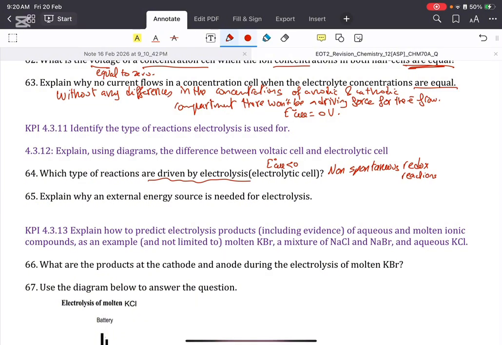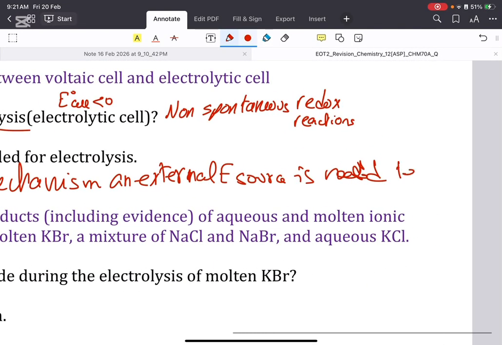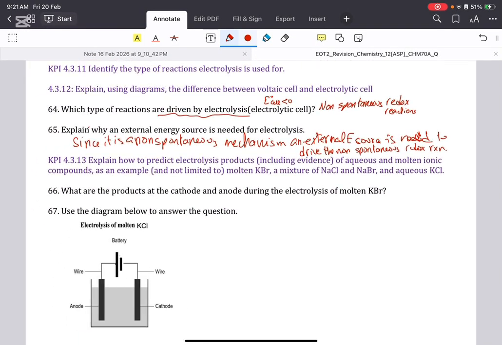Since it is non-spontaneous, a power source or an external energy source is needed to drive the non-spontaneous redox reaction.